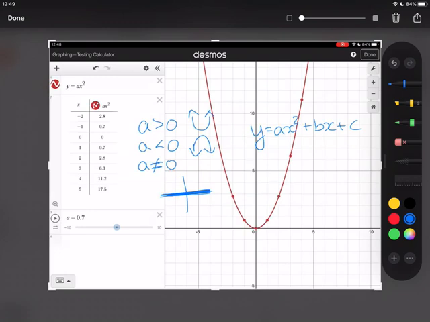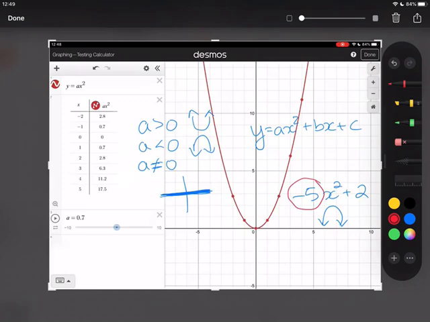So when you notice the coefficient on x squared, if I see something that looks like this, I know that because the coefficient on x squared is negative, this graph, whatever it may look like, definitely opens downwards. And I know this because a is negative.